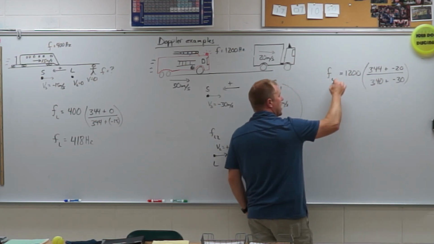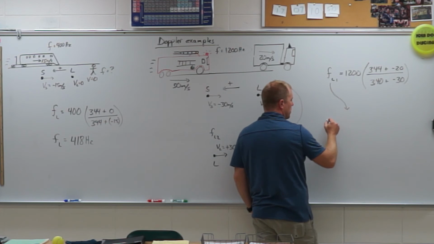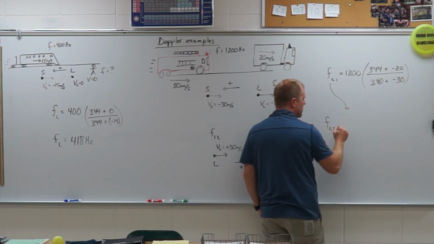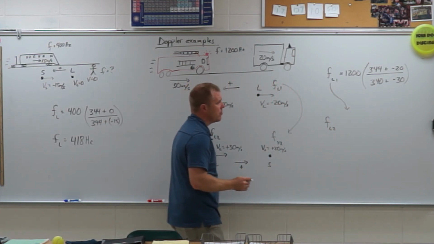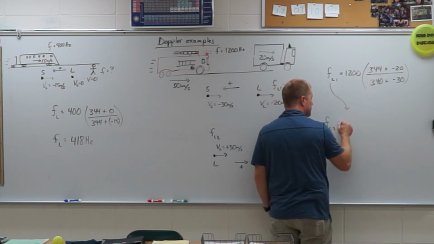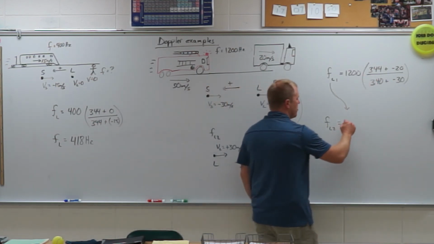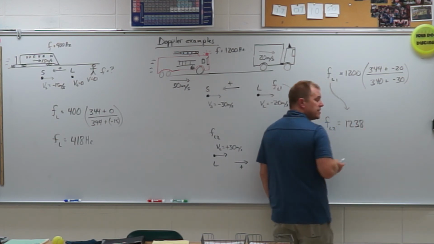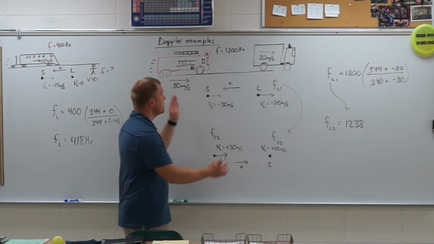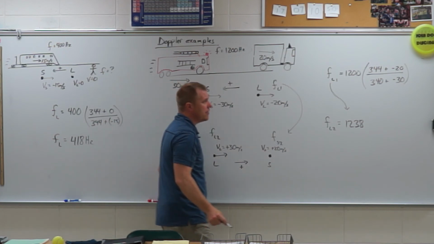This all then gets put in down below. Plugging that in our calculators, we get 1238, which is reasonable that we should hear a higher frequency because the two objects are getting closer together.